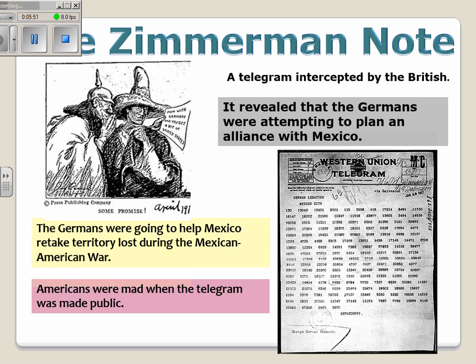But now we see that Germany is trying to get involved and disrupt our way of life. The whole idea of this strategy was, if Mexico could fight the United States and keep the United States occupied in North America, they wouldn't get involved in the conflict in Europe. And it is somewhat ironic because the United States at this point really didn't have any interest in the European conflict.